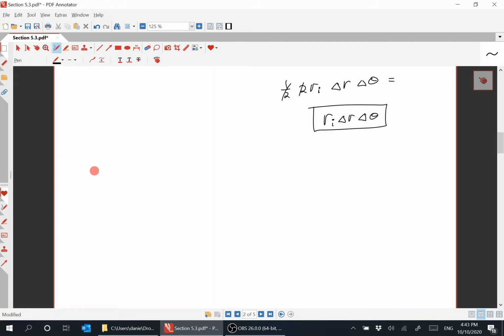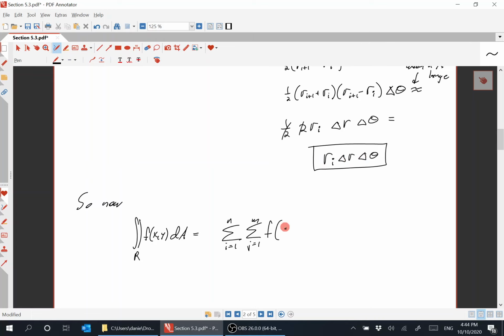So the double integral over R of f(x,y) dA is approximated by the double sum, i equals 1 to n, j equals 1 to m, of f, where x is equal to R_i cosine theta_j and y is equal to R_i sine theta_j.